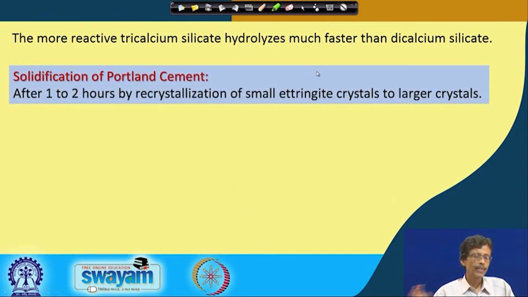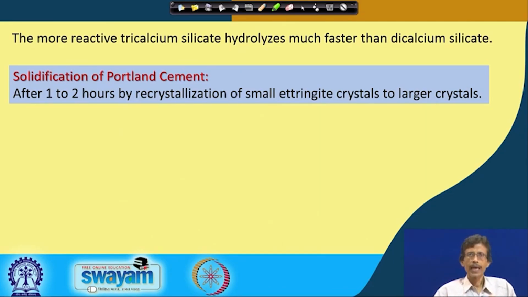So, what we find in the solidification process is that after 1 to 2 hours, there is recrystallization of small ettringite crystals. Initially small ettringite crystals form, and within 2 hours larger crystals form. So, the crystal size will become more and more.